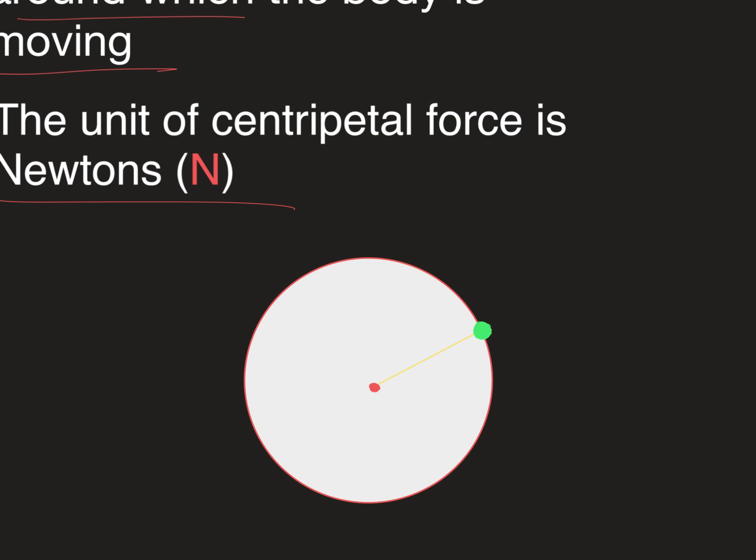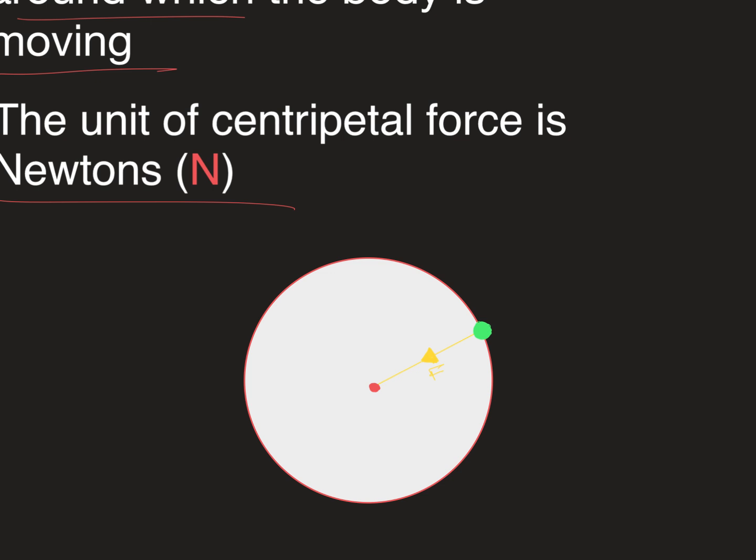This is the centripetal force, F. It is different from centrifugal force, which acts in the opposite direction, that is, it moves away from the center of the circle. That is the difference between centripetal force and centrifugal force.